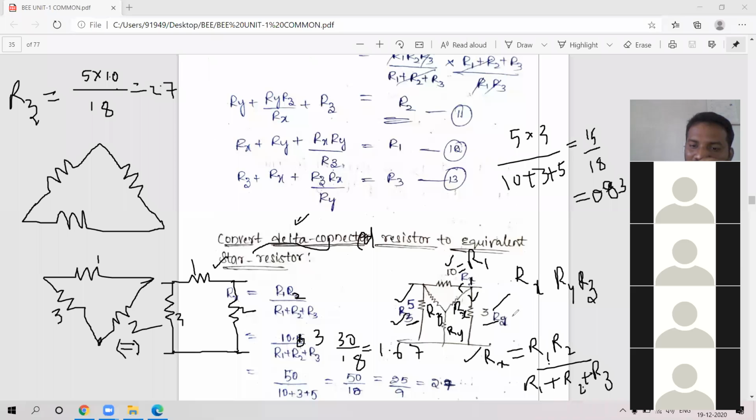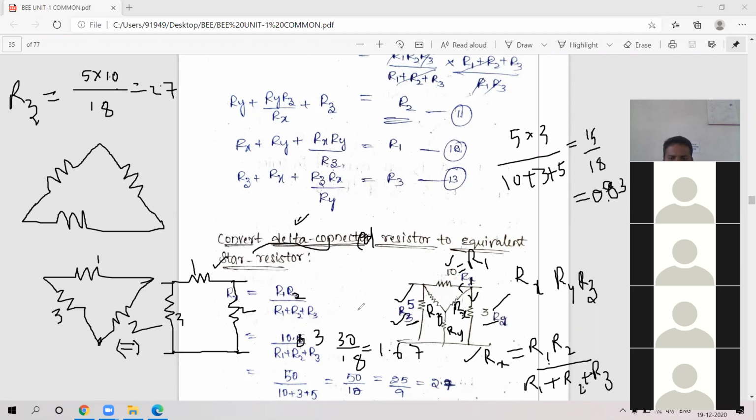Between 10 and 3, you should get 1.67. Between 5 and 3, you should get 0.83. And between 5 and 10, you must get 2.7. That is what you need to get.